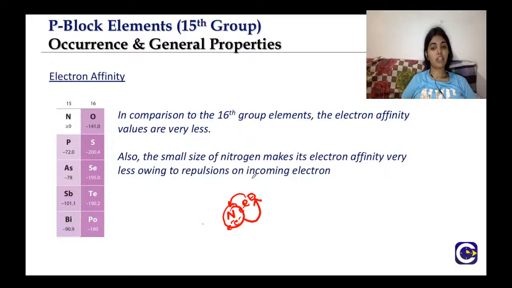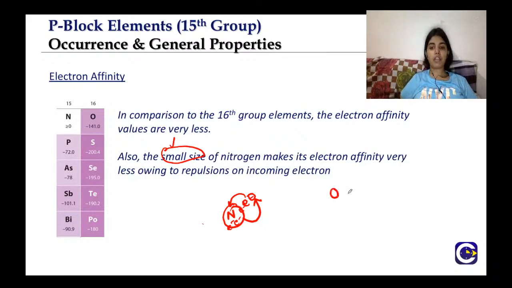There is not much space inside the atom, and therefore addition of more electrons will cause electron-electron repulsion, so better you keep it outside only. That is why nitrogen's electron affinity is very less because of its small size.